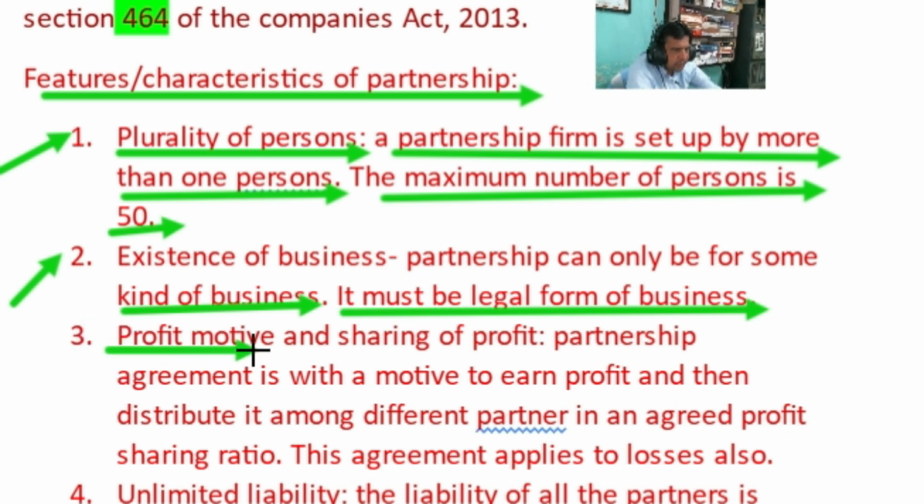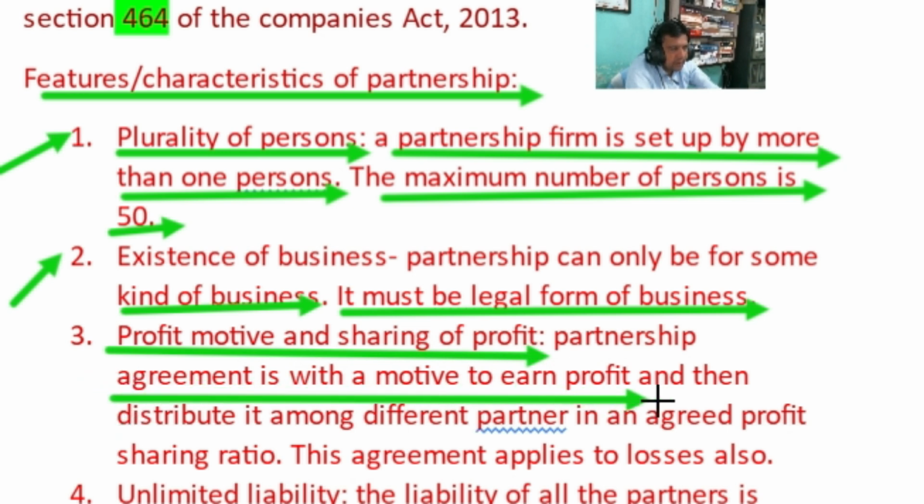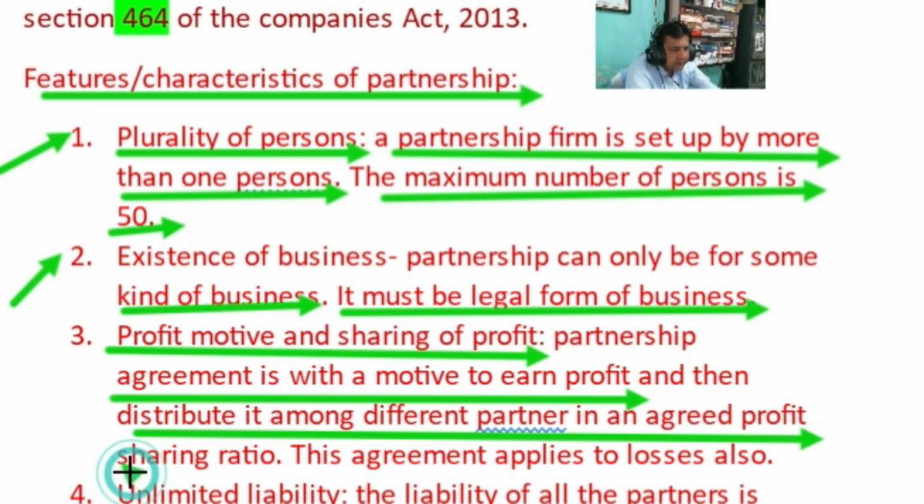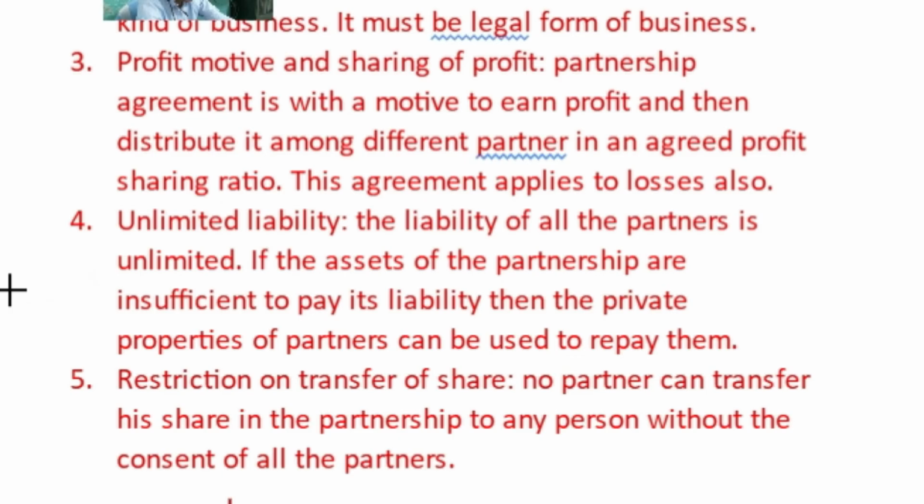Here it is given: profit motive and sharing of profit. Partnership agreement is with a motive to earn profit and then distribute it among different partners in an agreed profit sharing ratio. This agreement applies to losses also. So if there is a profit, they share the profit. If there is a loss, they also share the loss in their profit sharing ratio.